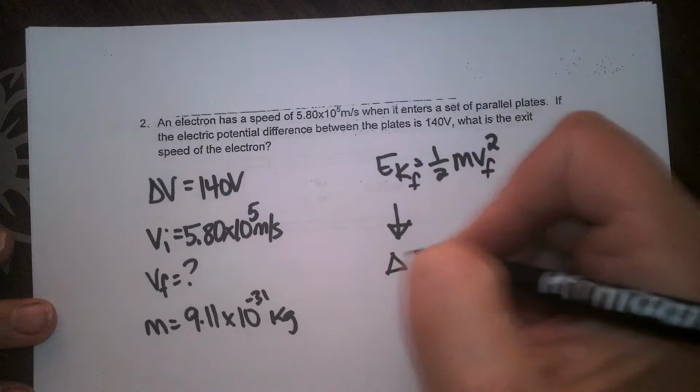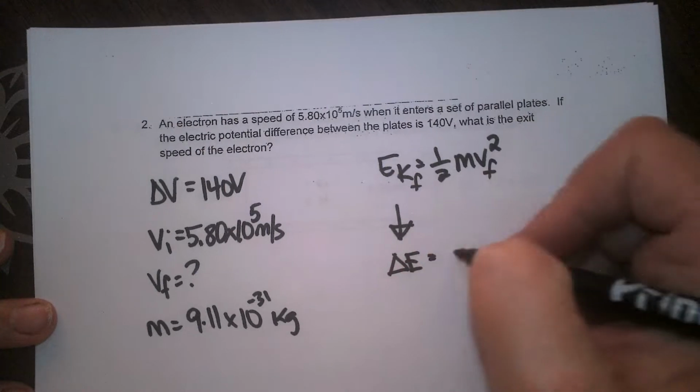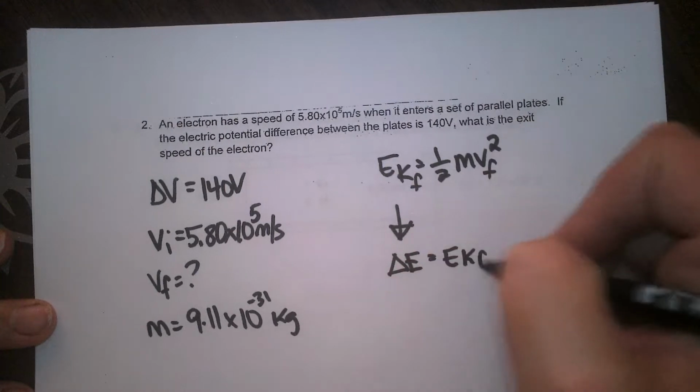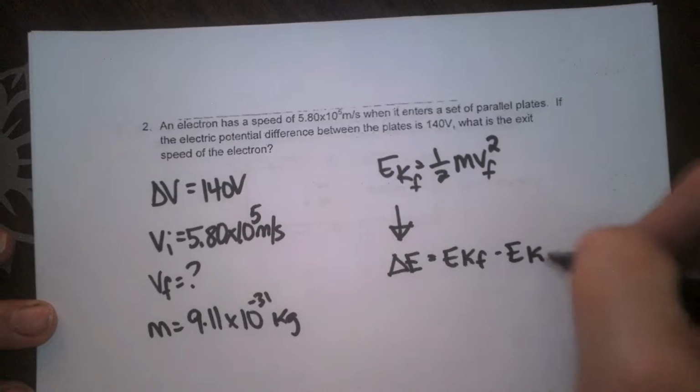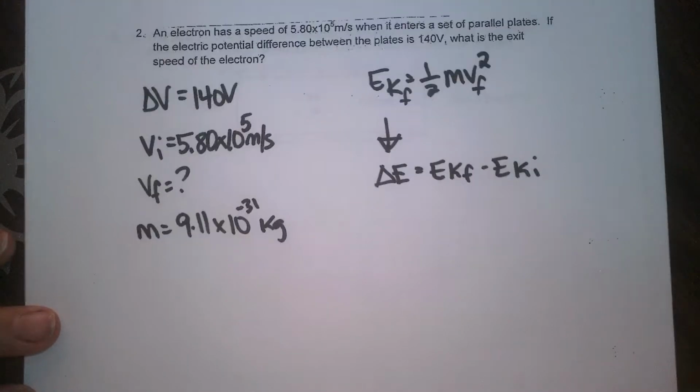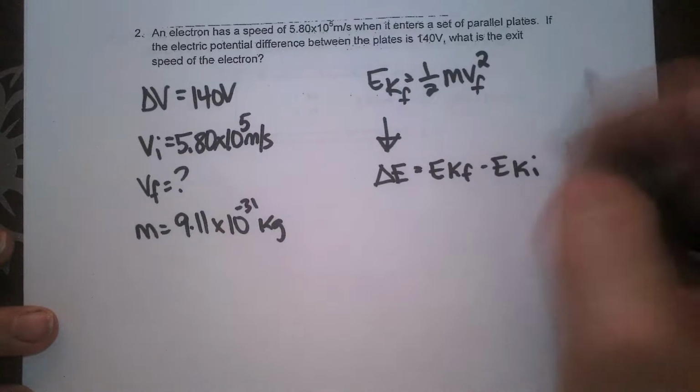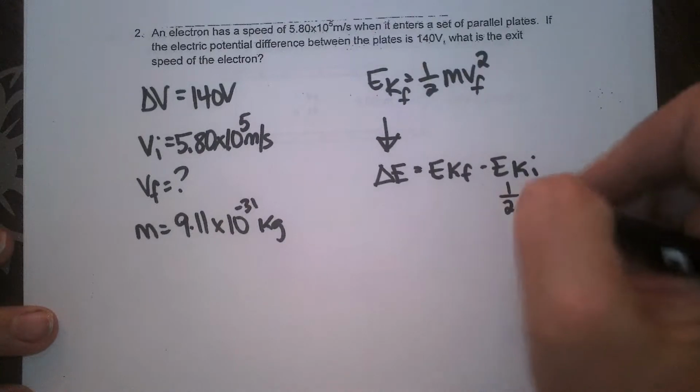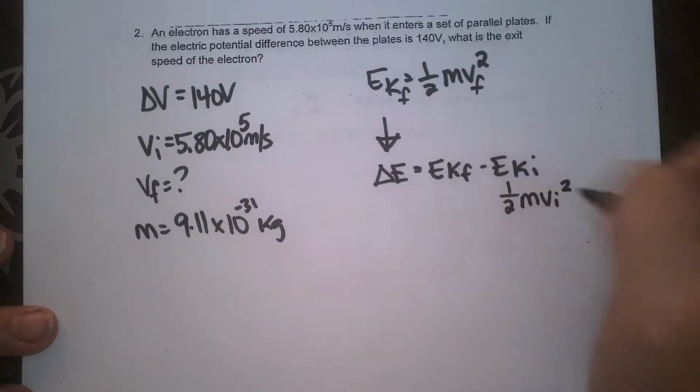Will we find it from a change in energy? Now, can we figure out EKI? 1/2 mvi squared.